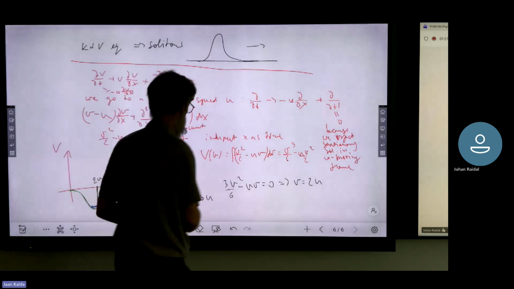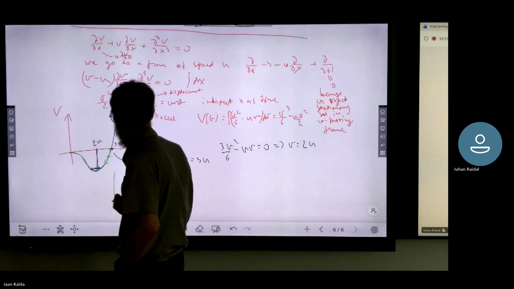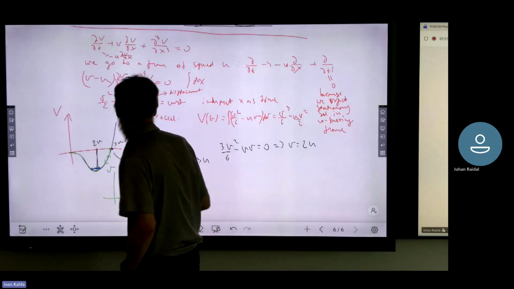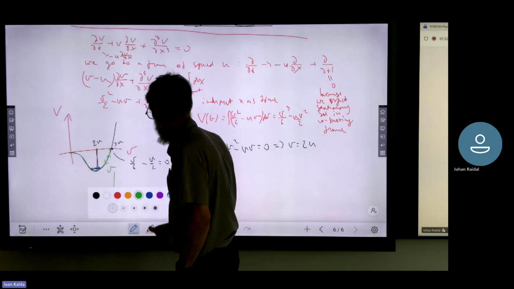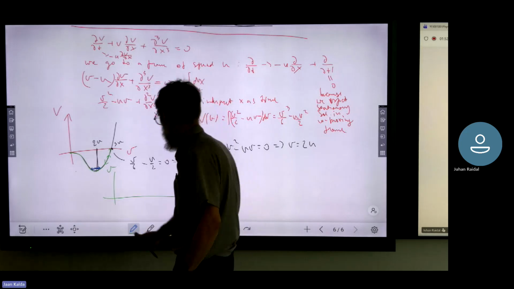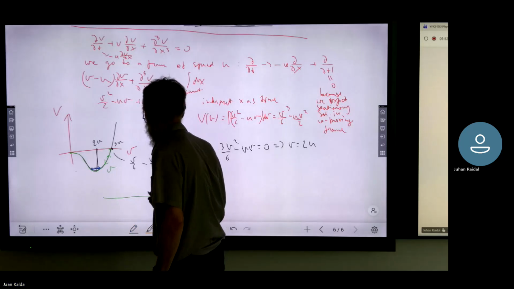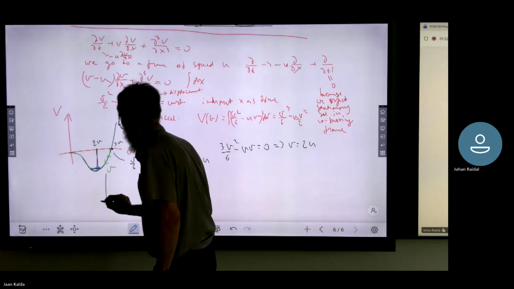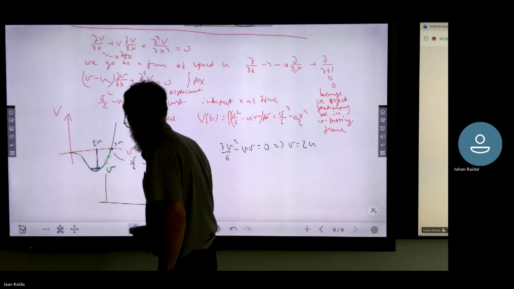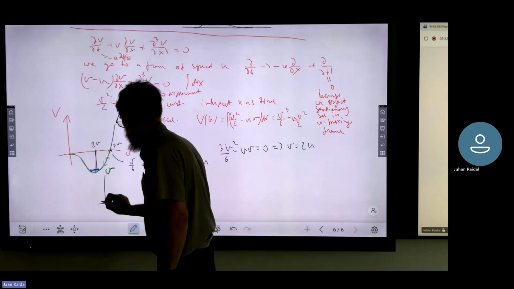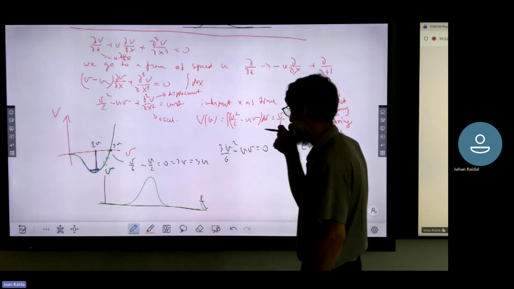So now the green curve becomes a solution like that: v as a function of time, so it starts with 0, then goes up and goes like that.